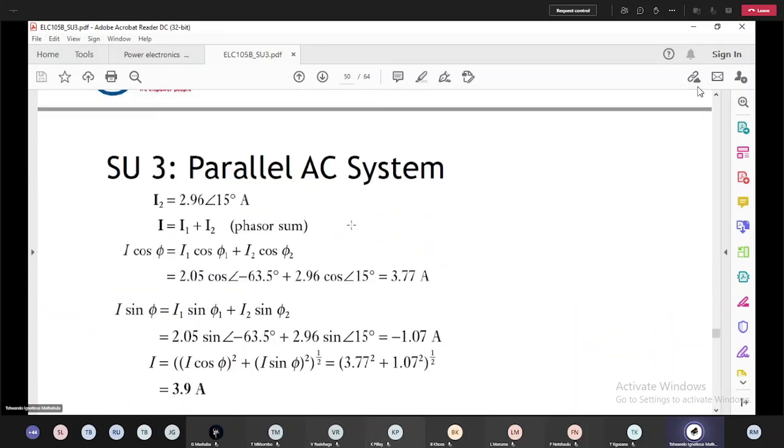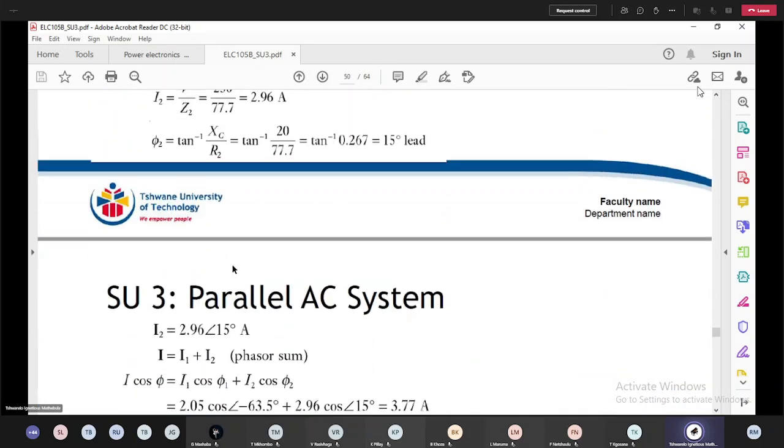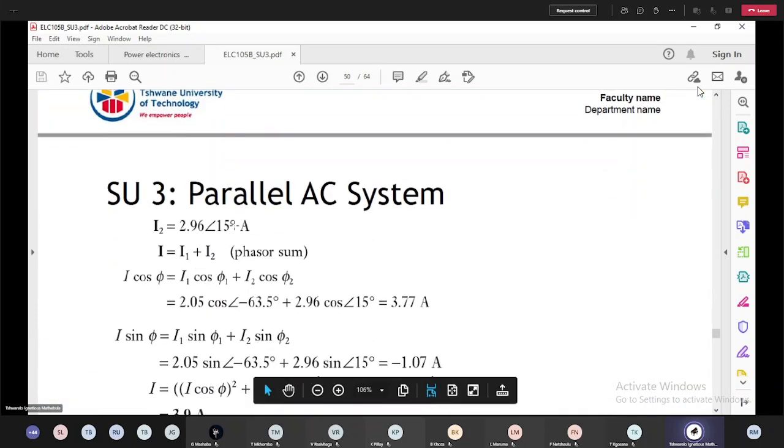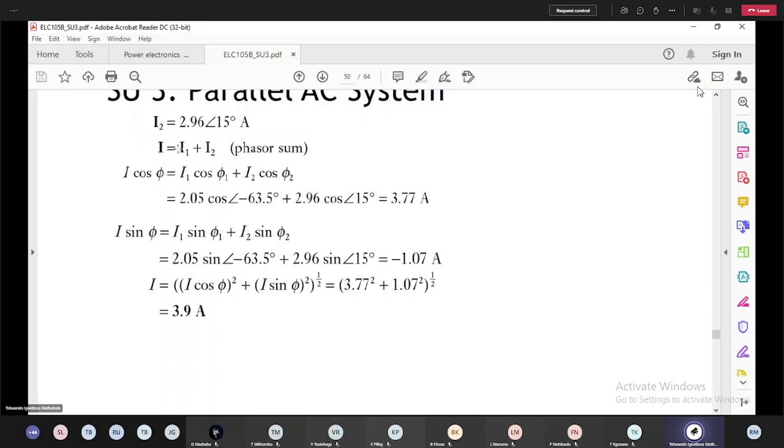Right, so that's the current in branch 1, and the current in branch 2 is given as 2.96 at angle 15 degrees. It's a leading current. So with the phasor sum, the point is to find the total current.